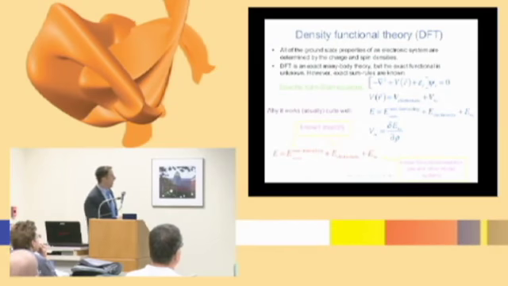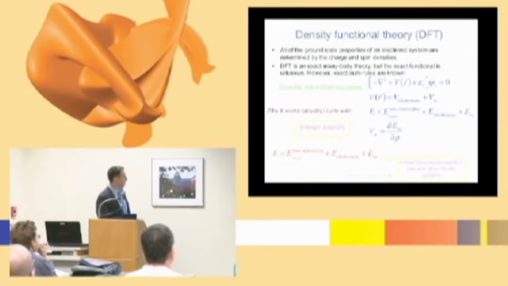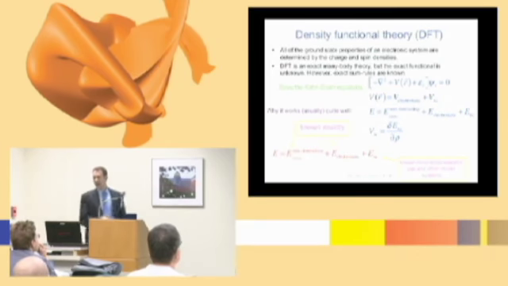We can think of the total energy of the system as a sum of different terms. We have kinetic energy, which is basically the kinetic energy of the non-interacting electrons, the electrostatic energy between the electrons and between the electrons and nuclei, and then this exchange correlation energy.